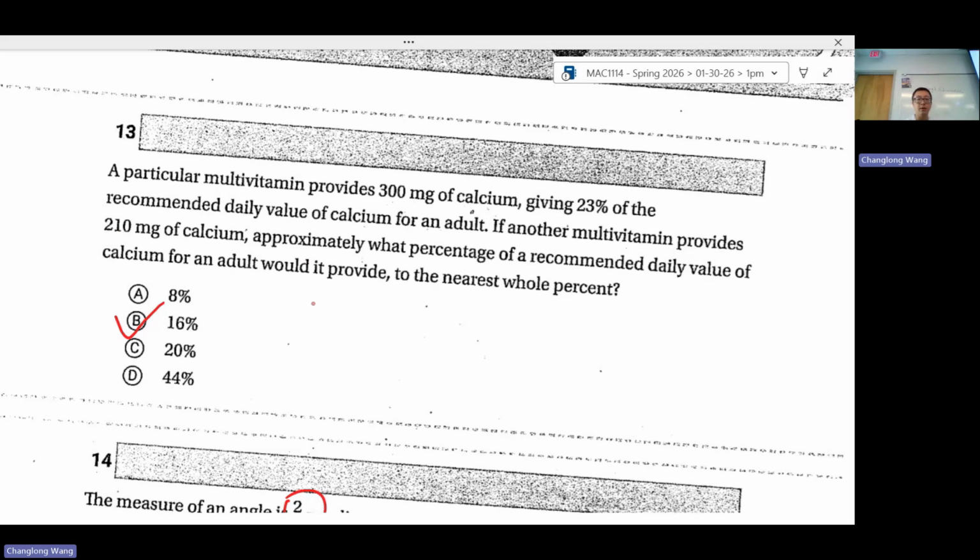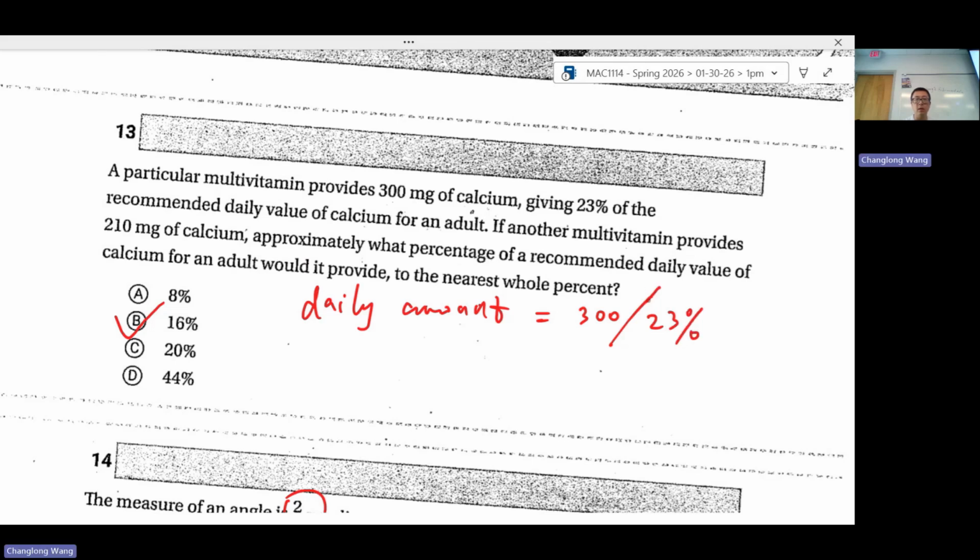So you can find out the daily amount of calcium suggested, sorry for the handwriting, daily amount is 300 divided by 23%.